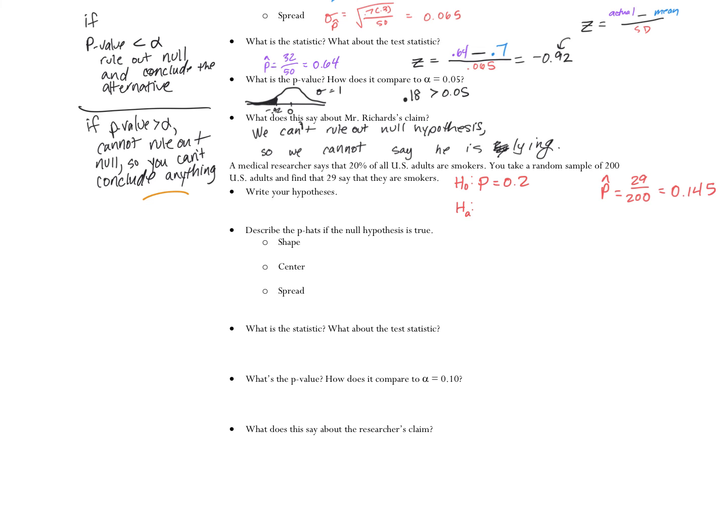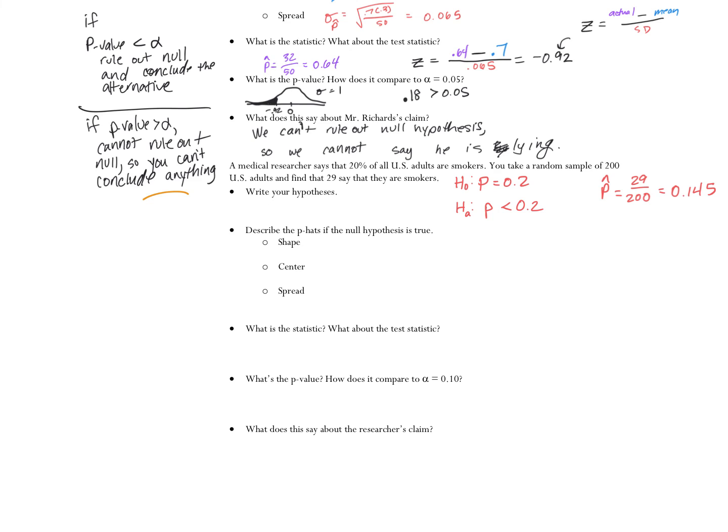All right. What does our sample suggest as an alternative to P equals 0.2? Less than or greater than? Less than. So my alternative is going to be P is less than 0.2. Okay.